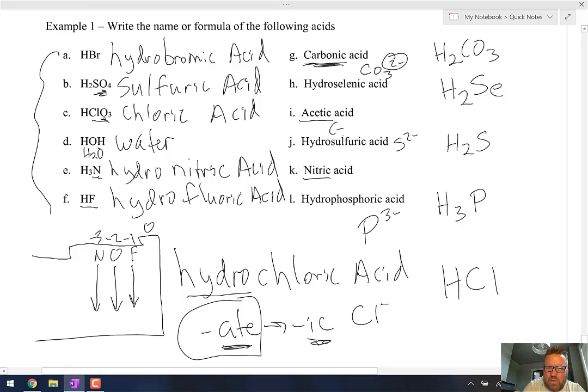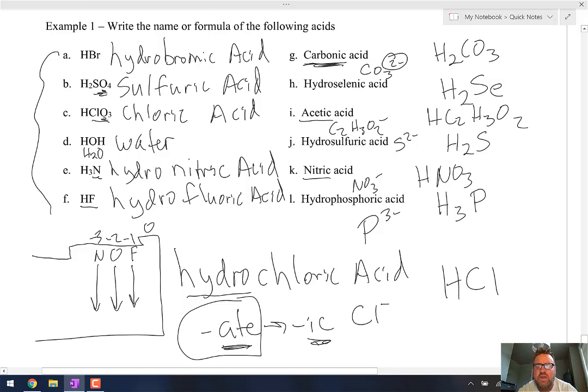Acetate, again, go back and look at it, is C2H3O2 with a -1 charge. So with a -1 charge, we put one hydrogen in the front, and then just the C2H3O2. And then our final one is nitric acid. Nitric came from nitrate, and nitrate is NO3 minus, and therefore it is just HNO3.